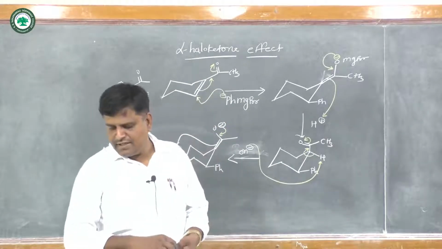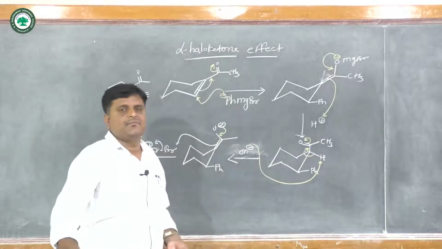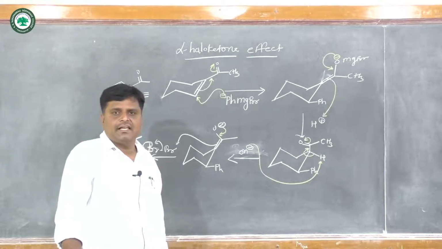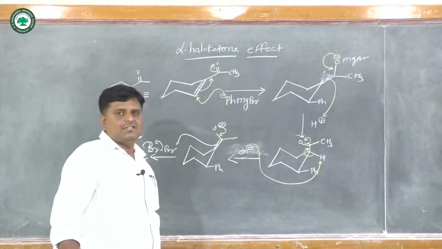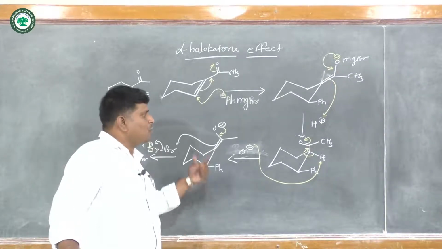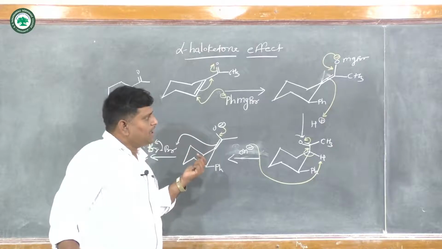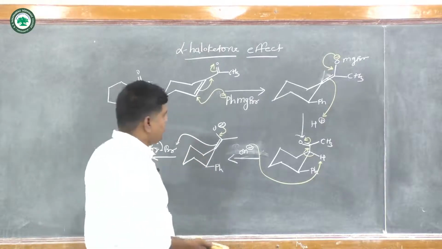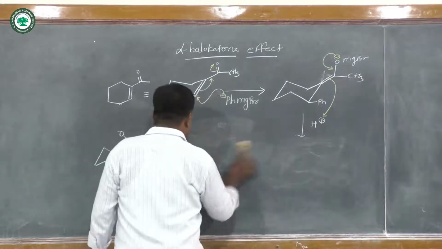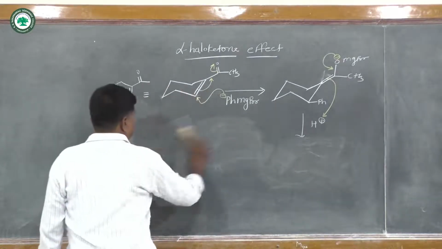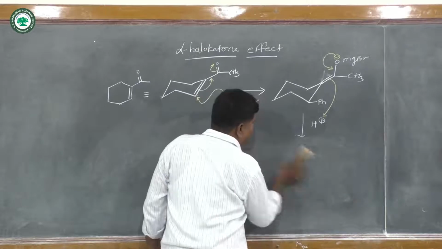Okay, in the next case, suppose that the reaction is carried out in the same manner, but the proton approaches from the opposite side, meaning the axial side is preferentially added. So what is the product?